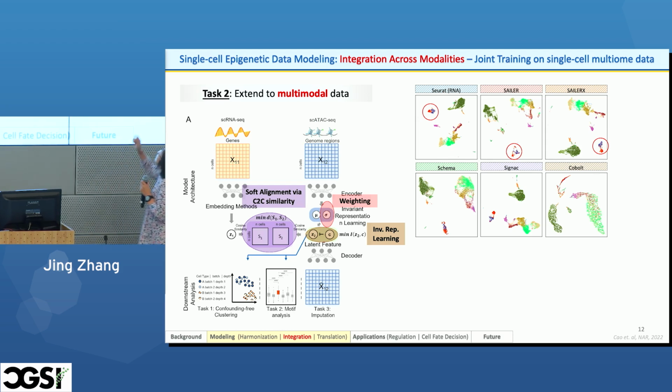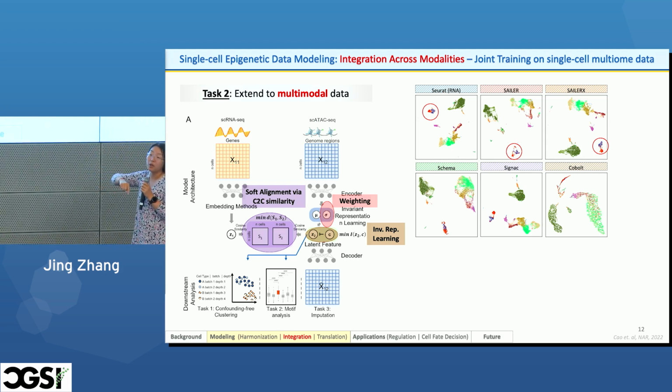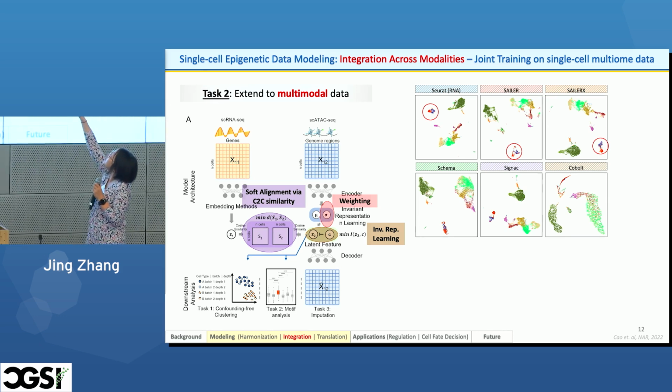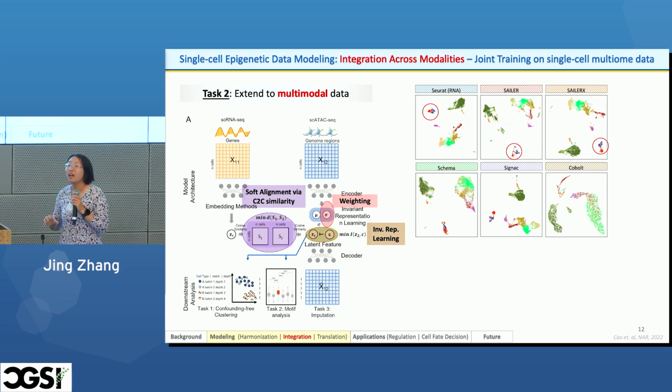As you can see, on the top are our methods using one modality, either ATAC or RNA, or integrating both modalities. With the RNA modality, you can see there are two subtypes of T cells. RNA has some ability to separate them, but not the best.